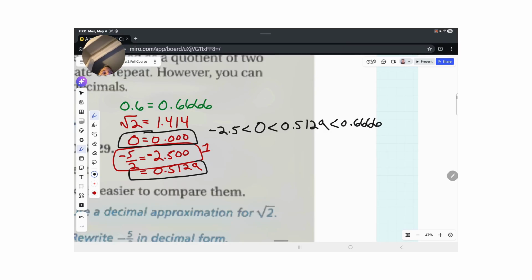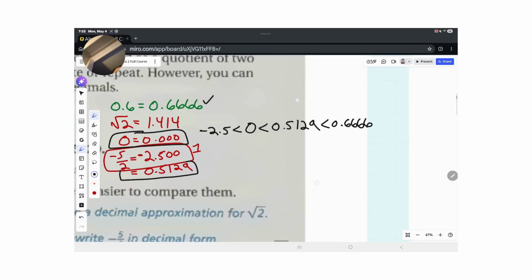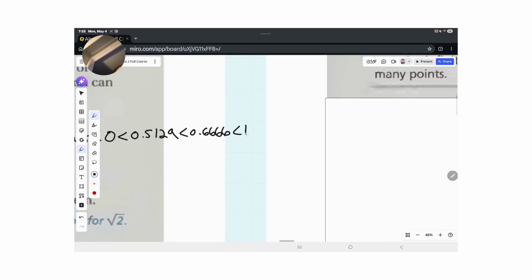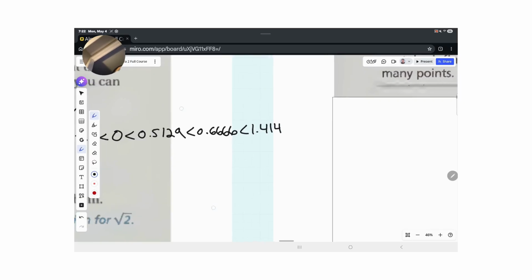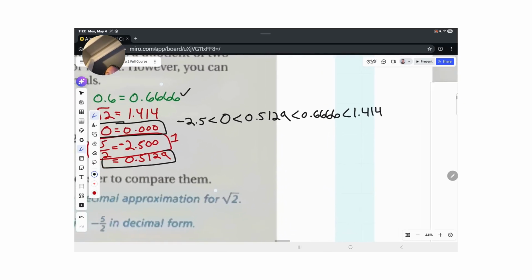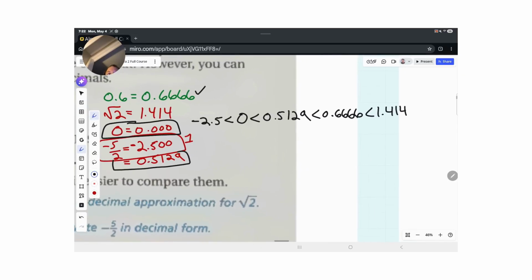Okay. And then we have one more, 1.414. All right, so we can use our inequality symbols there, less than, to show that order, from negative 2.5 all the way up to 1.414.